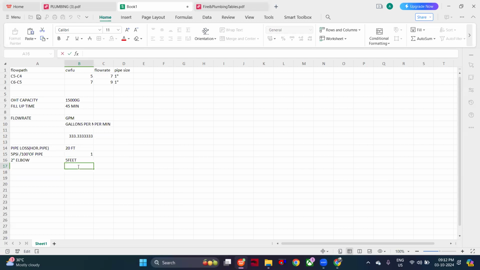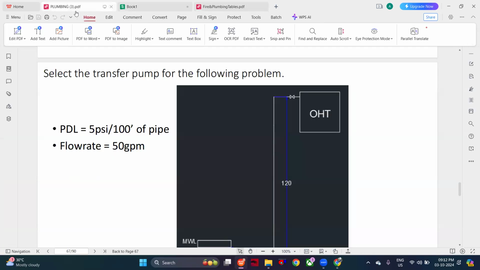So you have to find the pressure drop happening in that: 5 divided by 100, multiplied by 5, then multiplied by 2. You will get 0.5 psi over there.